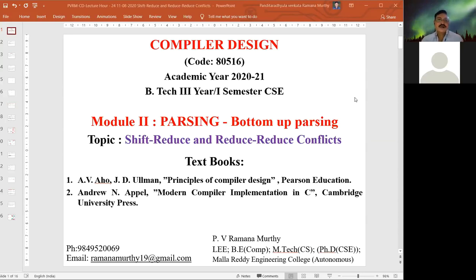During these actions, it may be possible that various conflicts arise. At that particular time, we don't know whether the next action is shifting the input symbol onto the stack, or whether we need to reduce whenever we identify a handle on the top of the stack.